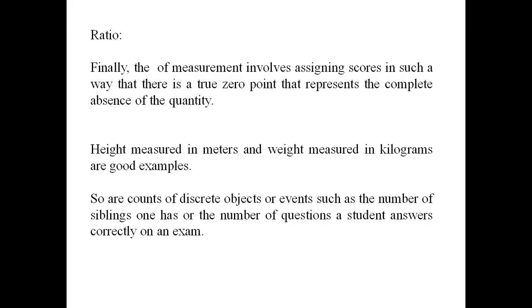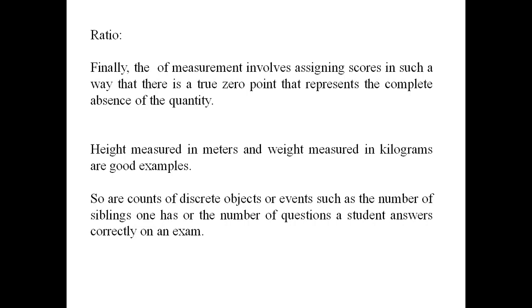Height measured in meters and weight measured in kilograms are good examples of ratio level. So are counts of discrete objects or events, such as the number of siblings one has or the number of questions a student answers correctly on an exam.